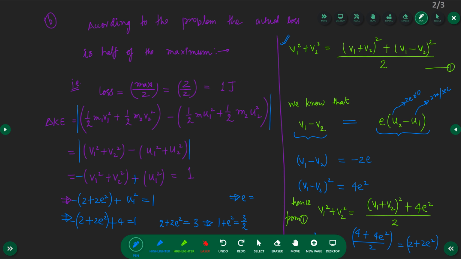Hence e equals 1 by root 2. I hope you understood.